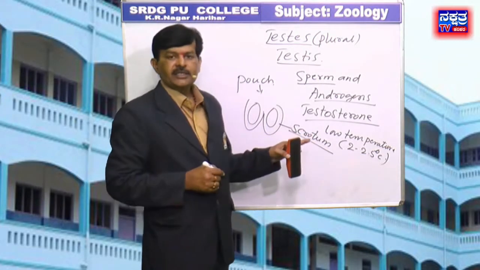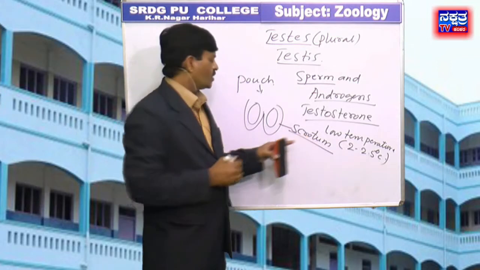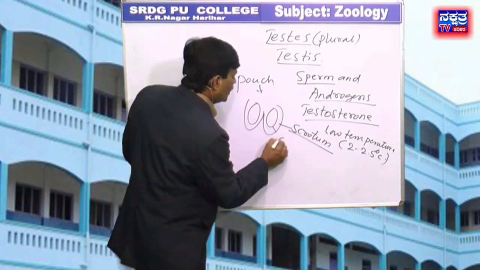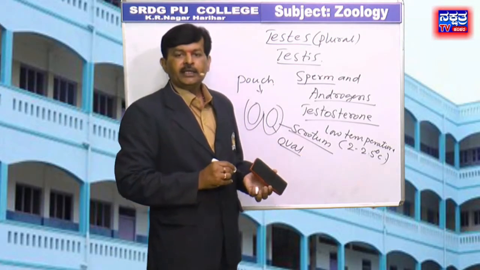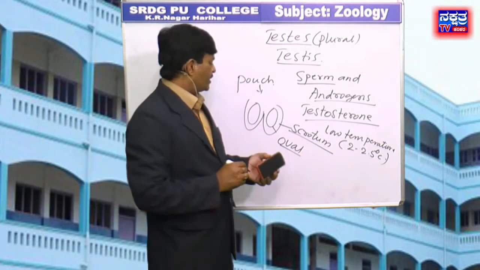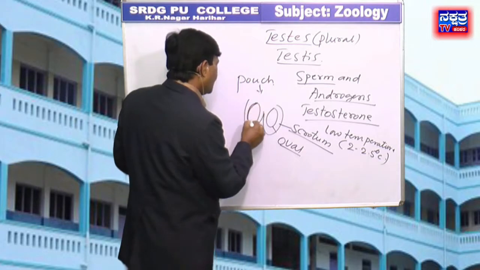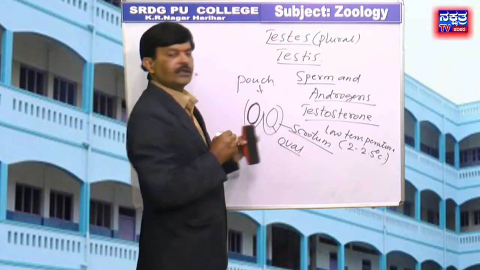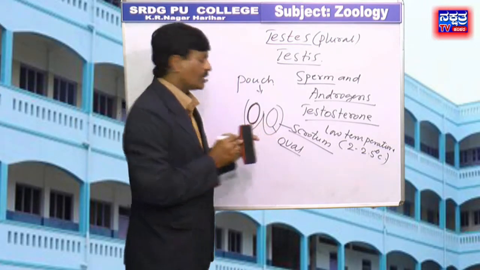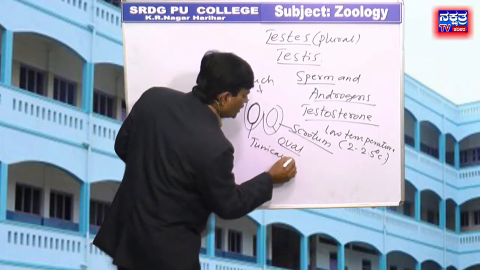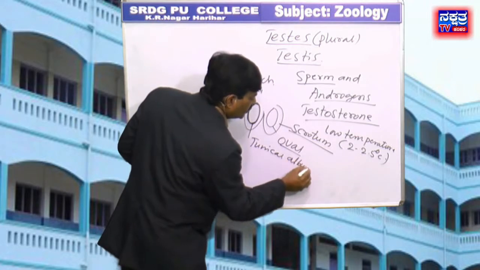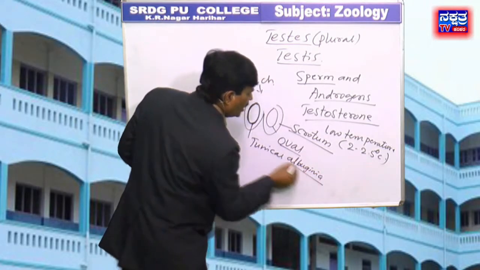In adults, each testis is oval in shape and covered by a dense covering or a sheath called the tunica albuginea.